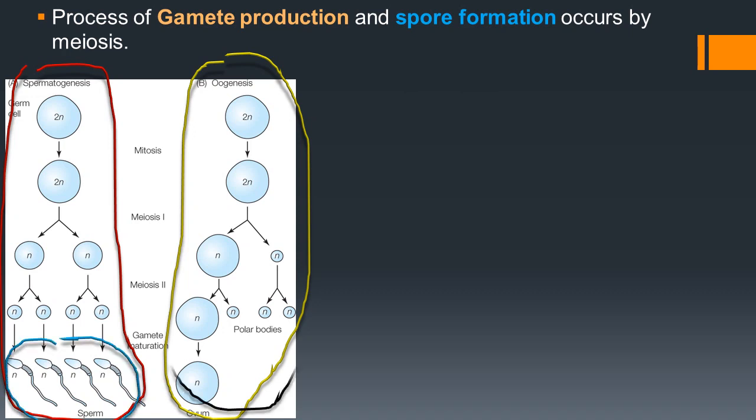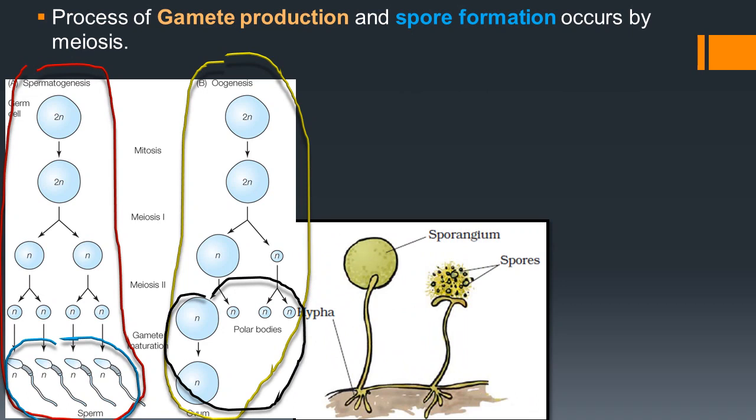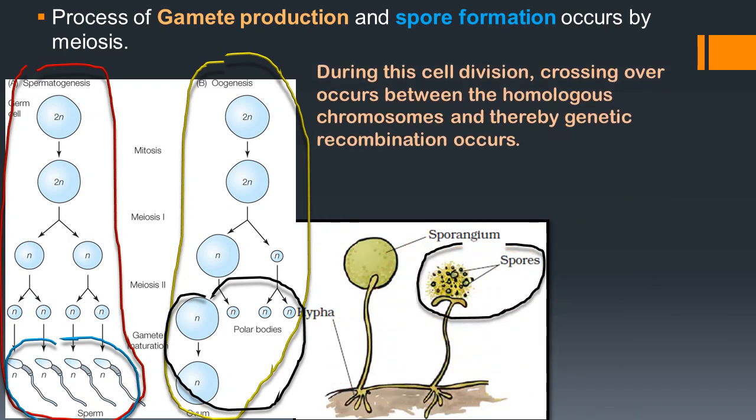And the process of spore formation takes place in the case of fungi or plants, in which spores can be produced with the help of meiosis cell division. And students, during this cell division, crossing over occurs between the two homologous chromosomes.